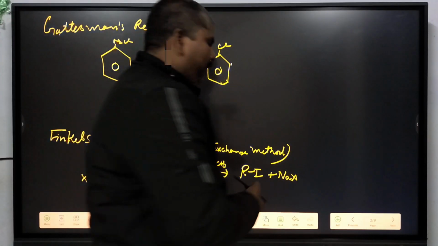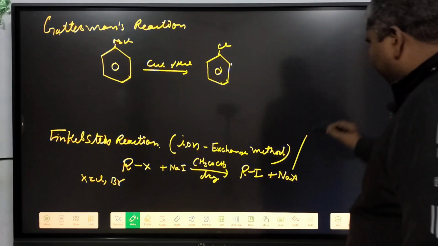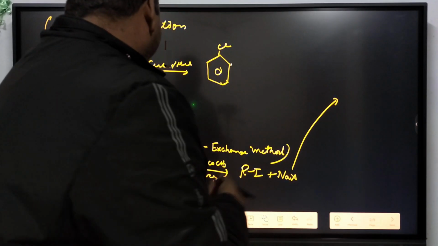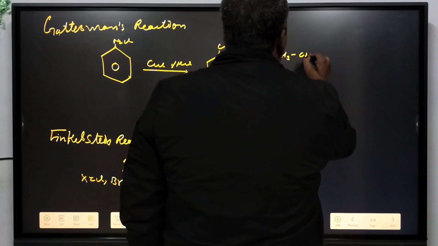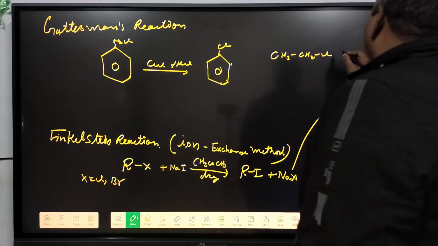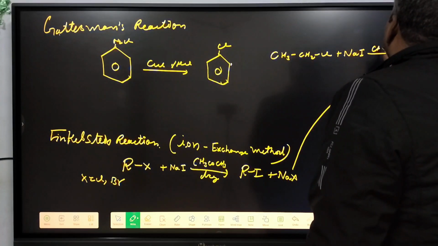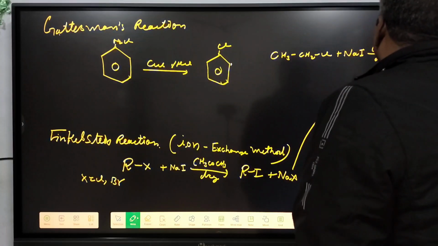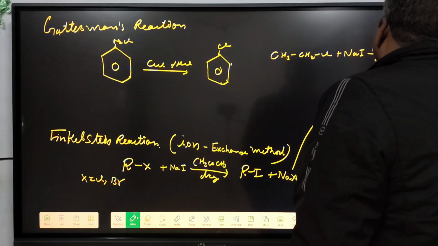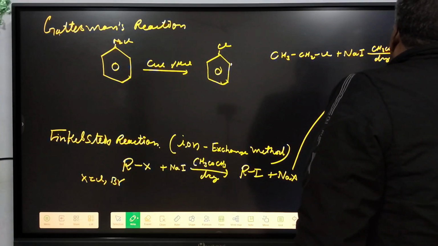This is the only reaction which directly prepares iodoalkane. For example, iodopropane is prepared from chloropropane. CH3CH2CH2Cl reacts with sodium iodide in presence of dry acetone. It will convert into CH3CH2CH2I plus NaCl.